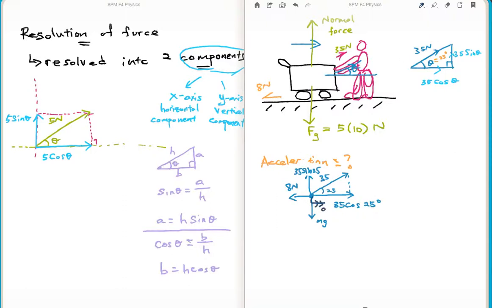You need to learn how to sketch this free body diagram. This is what you call the free body diagram. Therefore, from a free body diagram, you'll be able to get the equation to the right. So all you need to do, I define positive to the right. So first, this is my to the right quantity, 35 cos 25, I just copy from here. Minus, this is to the left, that's why it's minus 8 Newton.